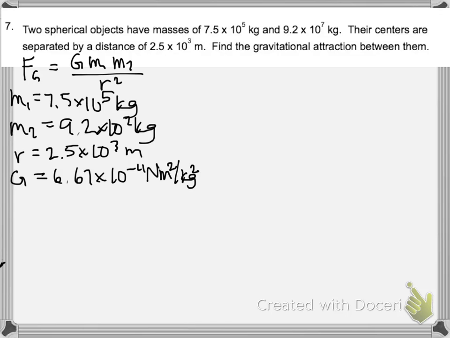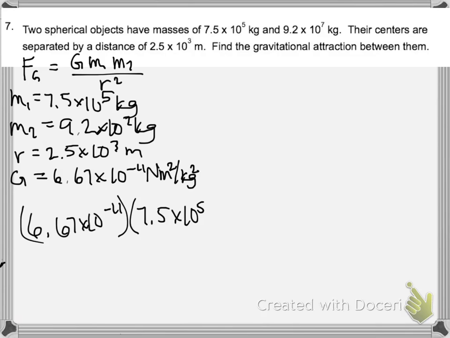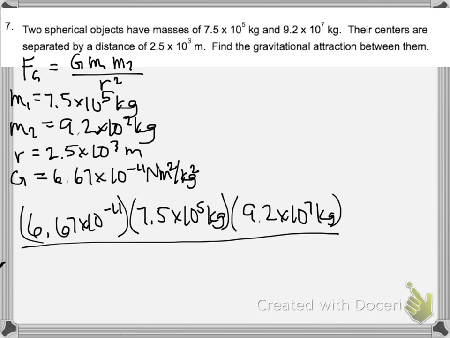So again, if we plug in, we will get 6.67 times 10 to the negative 11th times 7.5 times 10 to the 5th kilogram times 9.2 times 10 to the 7th kilogram, all divided by our 2.5 times 10 to the 3rd meter that gets squared.